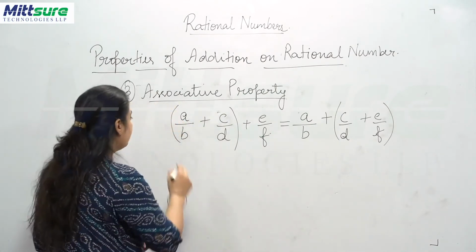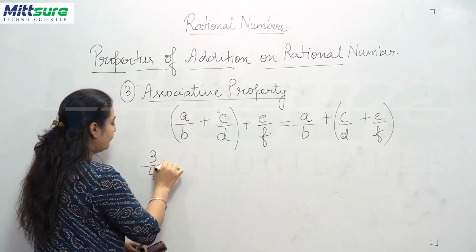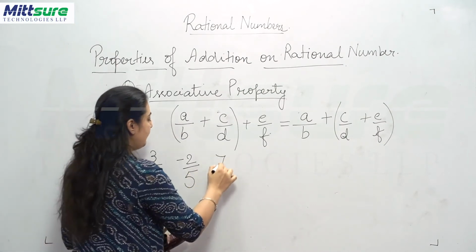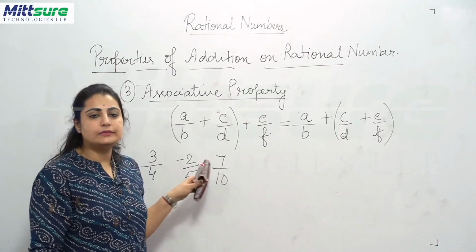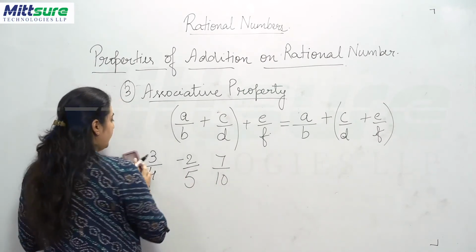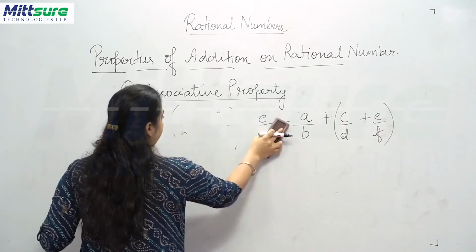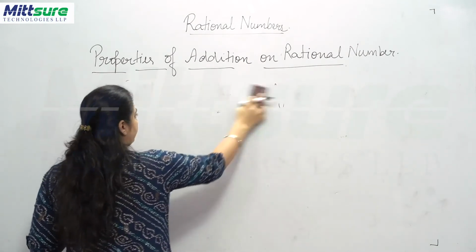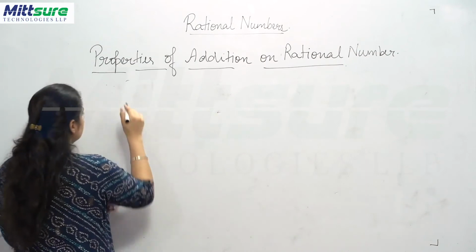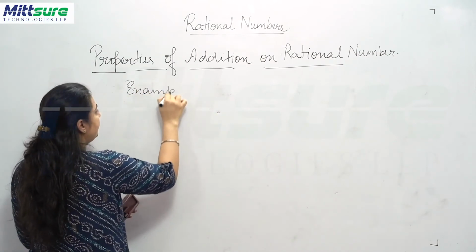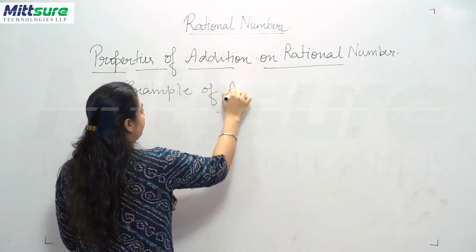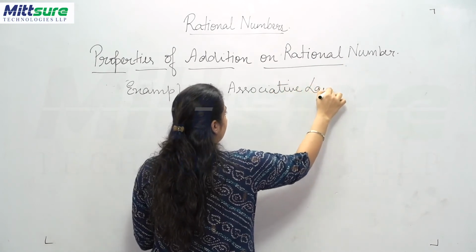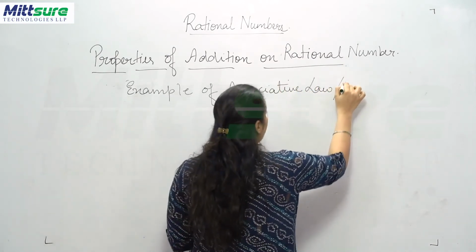So let's understand by taking an example. 3 upon 4, minus 7 upon 10 and minus 2 upon 5. Okay, these will be my three rational numbers. So let's understand with the example of the associative law, or you can say property.